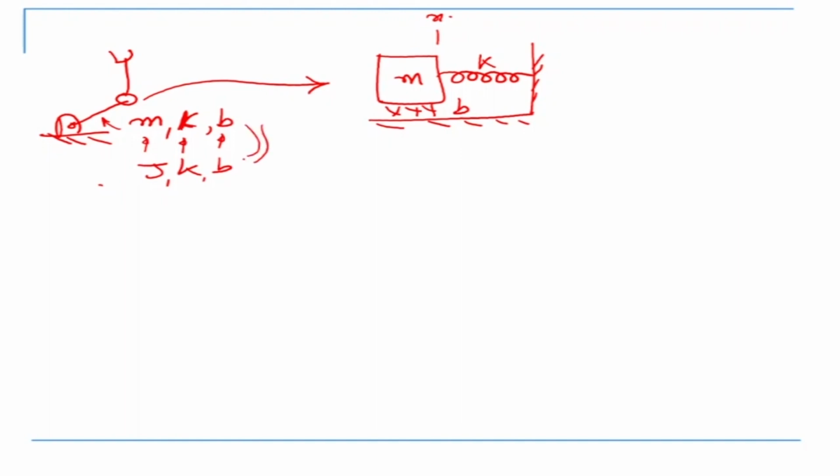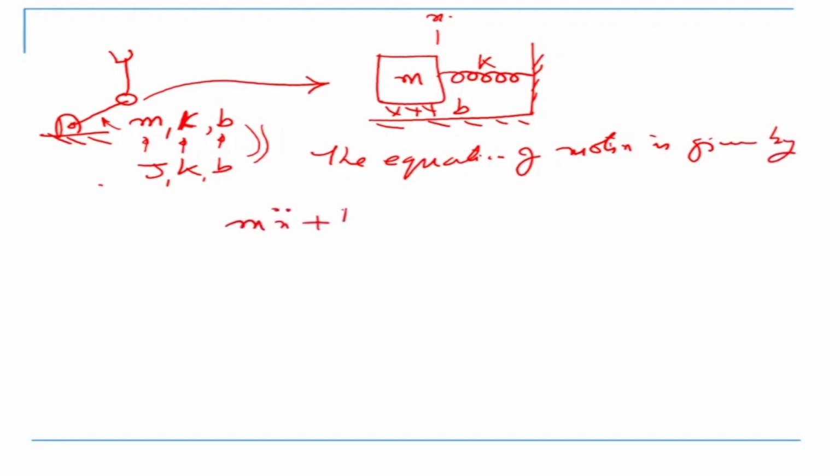Now the equation of motion of this system is given by m x double dot plus b x dot plus k x equal to 0. We know how to do that. You can draw the free body diagram and then find what forces are acting.